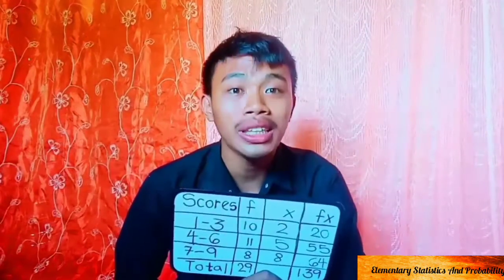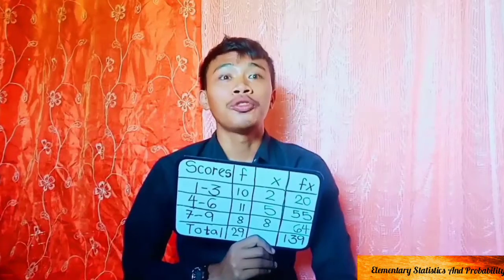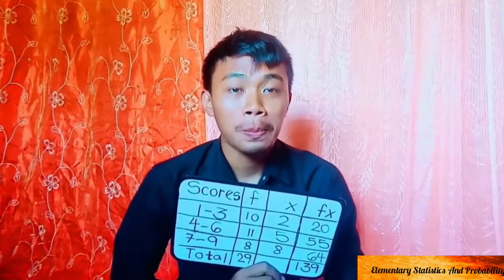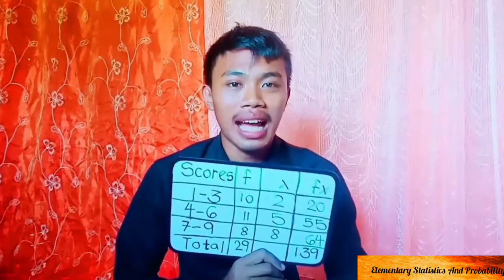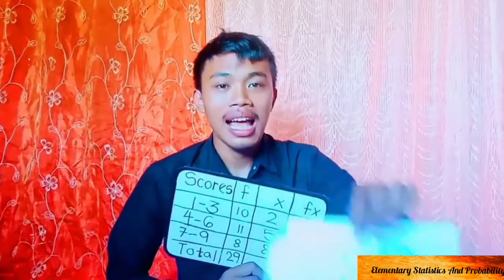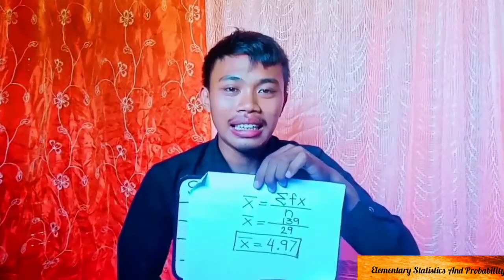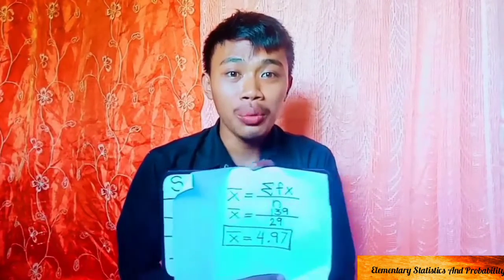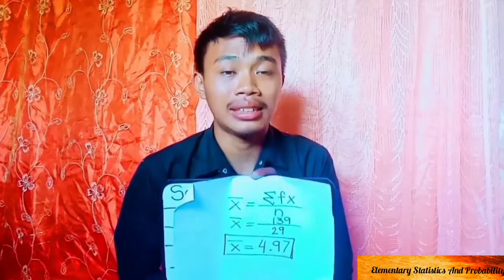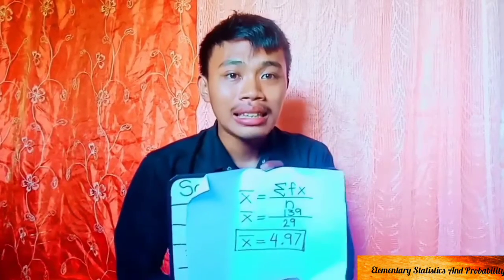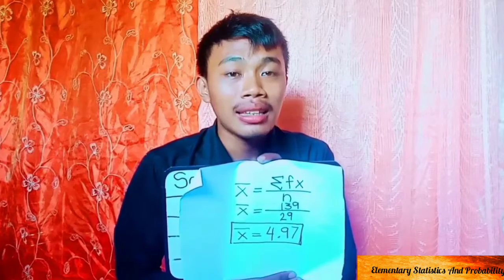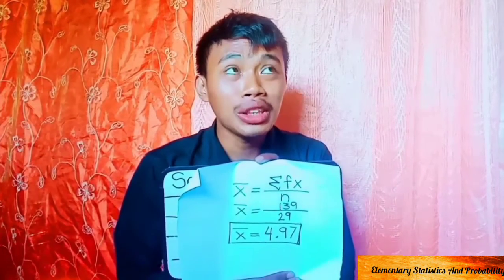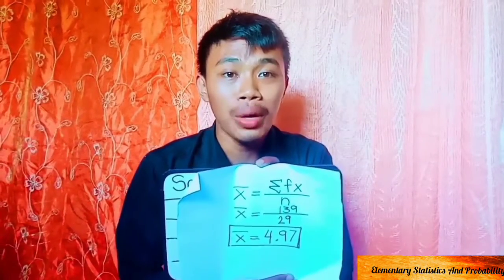So back to the formula of our group data. So remember, the formula of our group data is x bar is equal to the summation of f of x over n. So ang aton summation sang f of x is equal to 139.